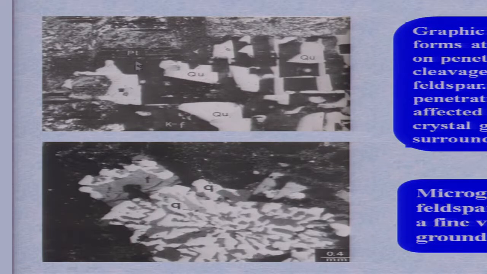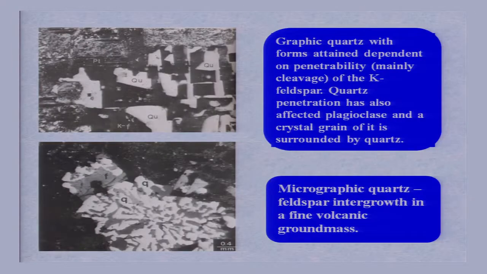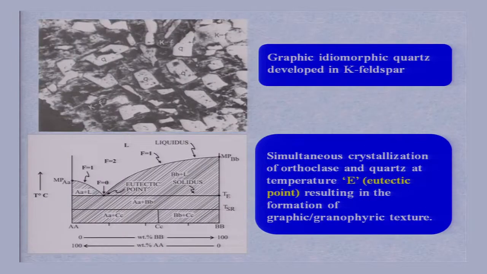These quartz grains affected plagioclase grains, and a crystal grain of it is surrounded by quartz. See here the micrographic quartz-feldspar intergrowth in a fine grained volcanic groundmass, and this is a micrographic quartz crystal. See here another slide where eutectic crystallization is shown.